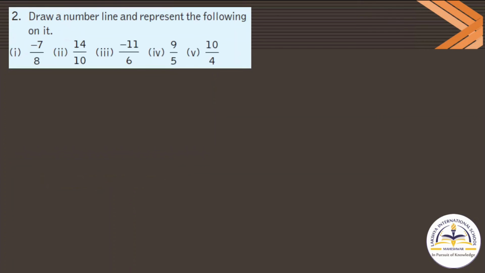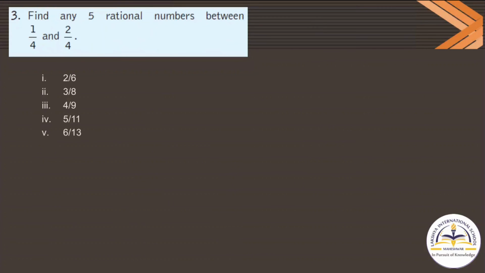Now question number 2, here you have to draw the number line and represent the following. Means you have to draw the number line and represent -7/8. Now question number 3, find any 5 rational numbers between 1/4 and 2/4.